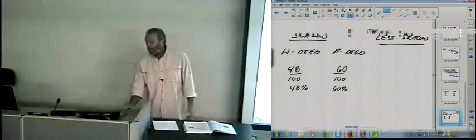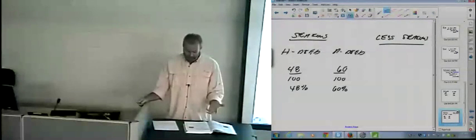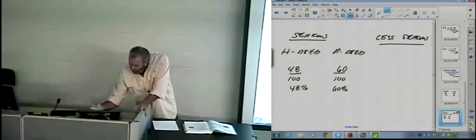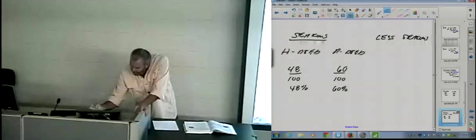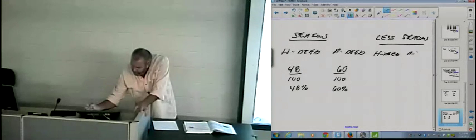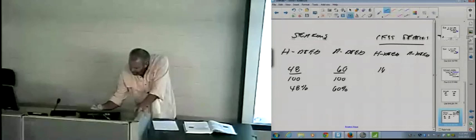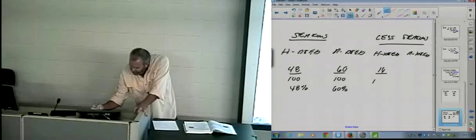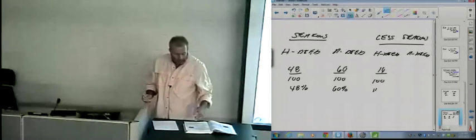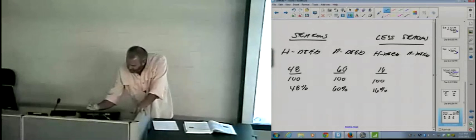Okay? Now, what about the ones with the less serious accidents? Let's see there. So we're going to do the helicopter died, road died. Helicopter, how many died there? 16 out of 100? 16%. The road and died was 200 out of 1,000.